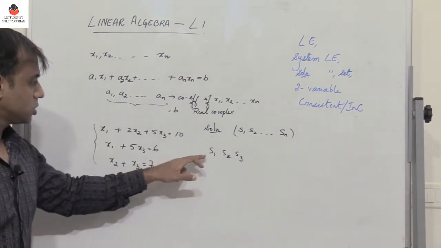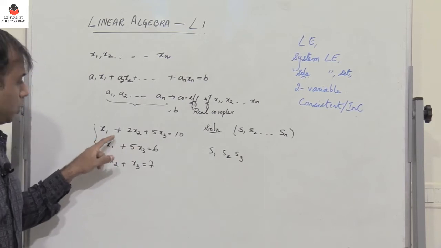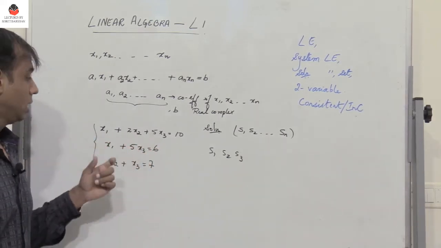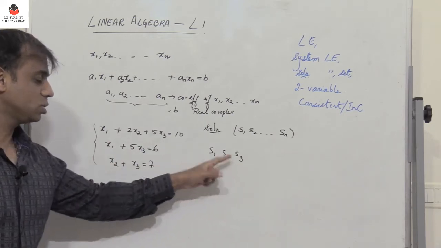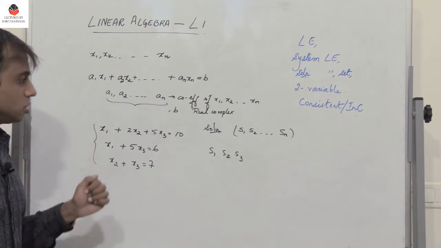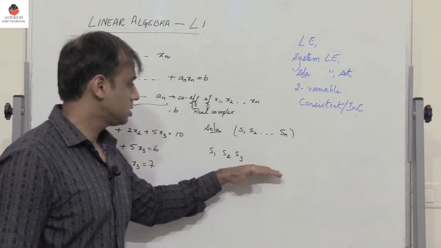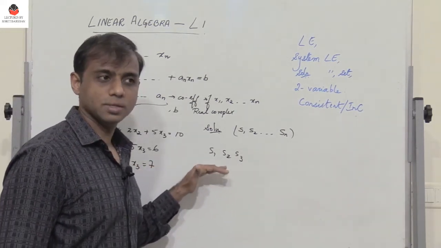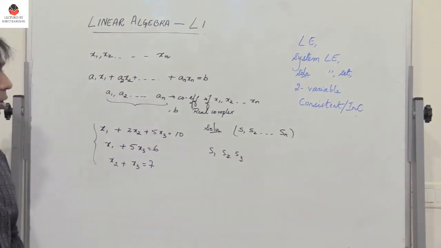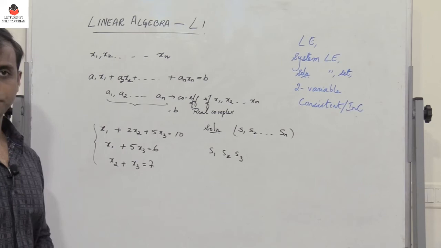So when I substitute s1 and s3 in the second equation, the LHS will be equal to 6. Similarly, when I substitute s2 and s3 in the third, I would get the LHS equal to 7. Then this set of numbers s1, s2, s3 is referred to as the solution of the system of linear equations.